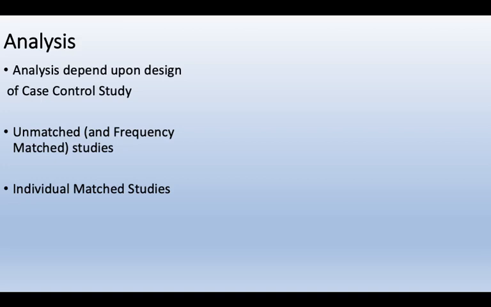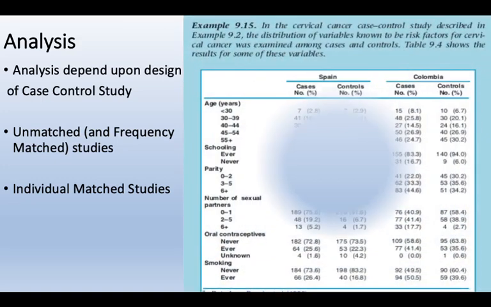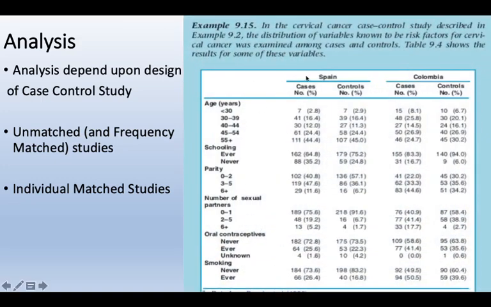Next comes the analysis. The analysis part of a case control study is done in two aspects: unmatched and matched individuals. Unmatched we are going to study first. In the unmatched group, this shows a cervical cancer case control study where the distribution of variables among the known risk factors of cervical cancer was examined among cases and controls, as shown in the table.